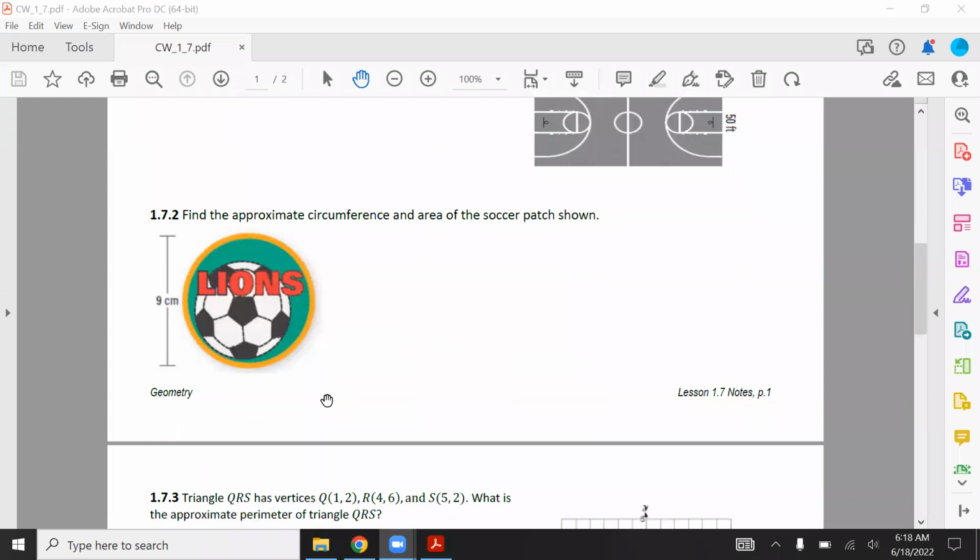Now, find the approximate circumference and area of the soccer patch shown. Well, let's see here. That's going to be pretty easy. The radius is going to be 4.5. Let's use a different color. Sorry.